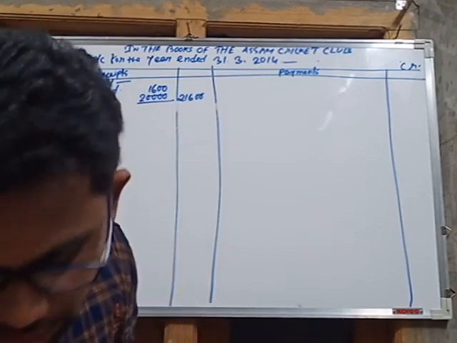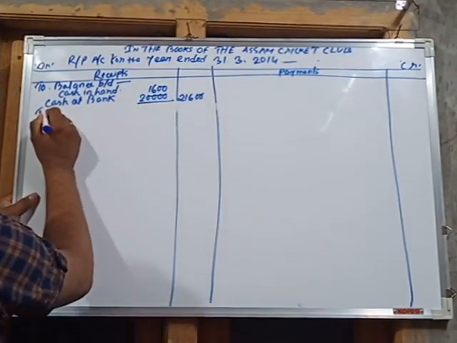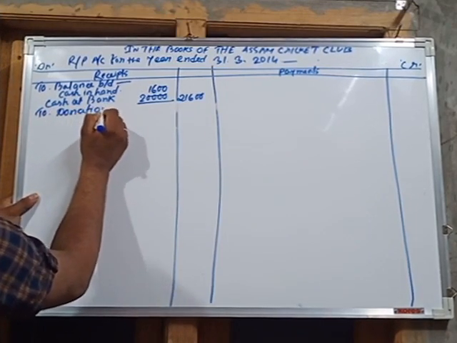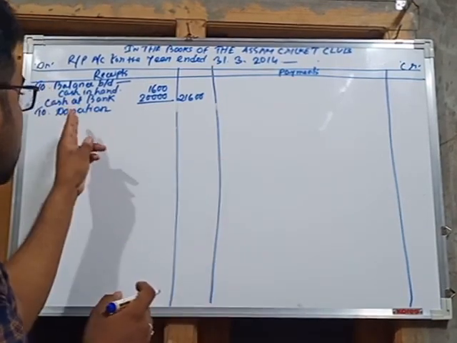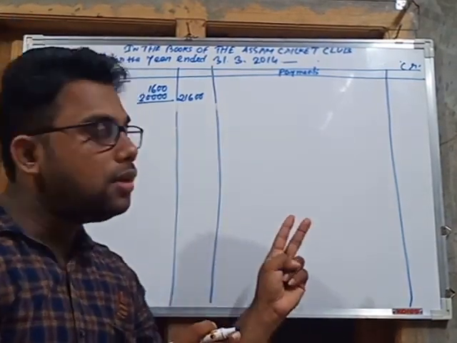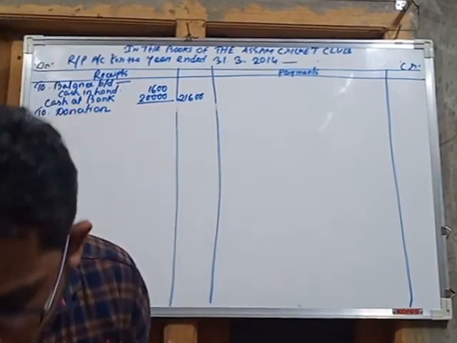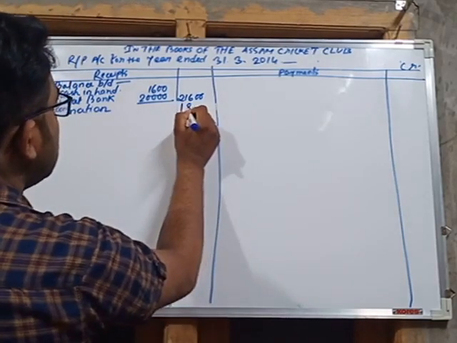Next, donation received rupees 18,000. So it is a general donation, so it comes on the receipt side. As it is a receipt side, whatever the term is, it denotes the receipt. So we can write donation receipt or only donation, and the amount is rupees 18,000. Okay.